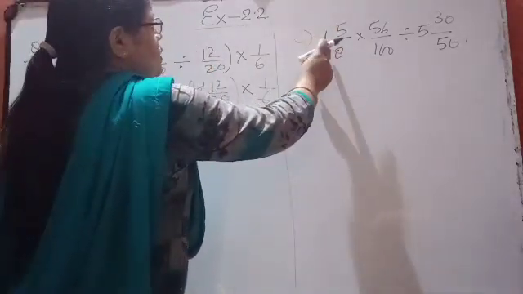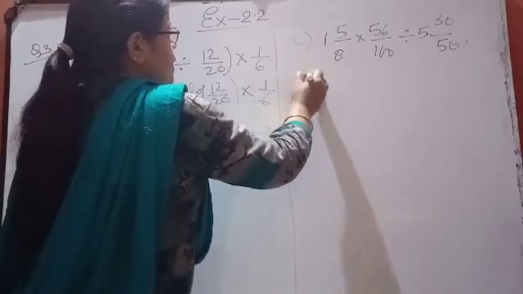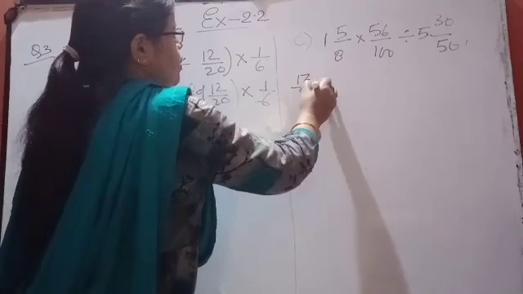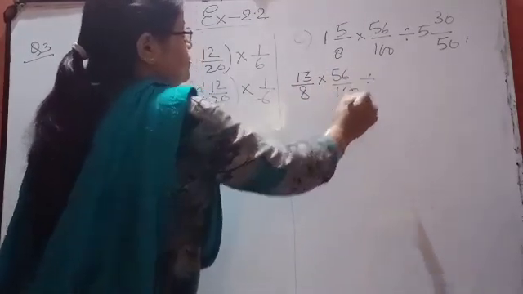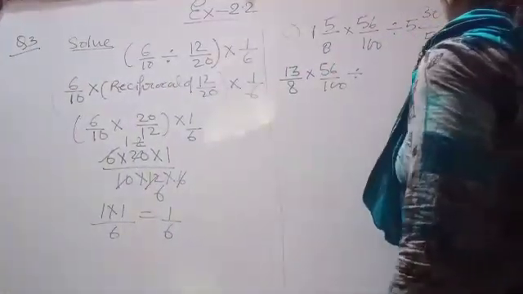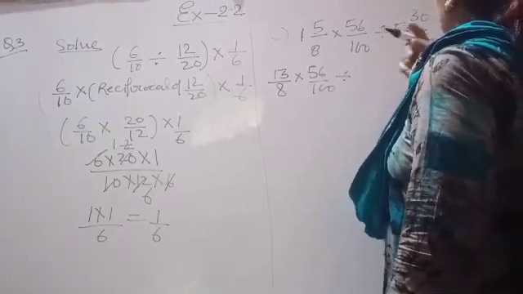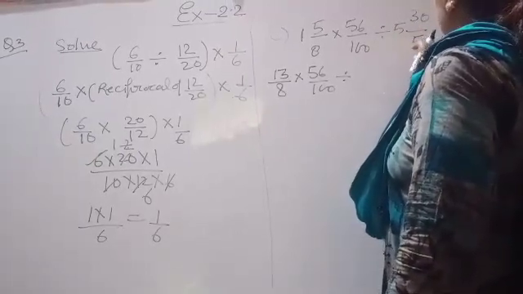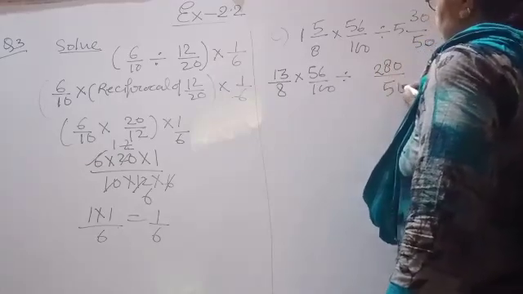So 8 1s are 8, 8 plus 5 is 13, 13 upon 8 into 56 upon 100 divided by 5 5s are 25, 250 plus 30, 280 upon 50.